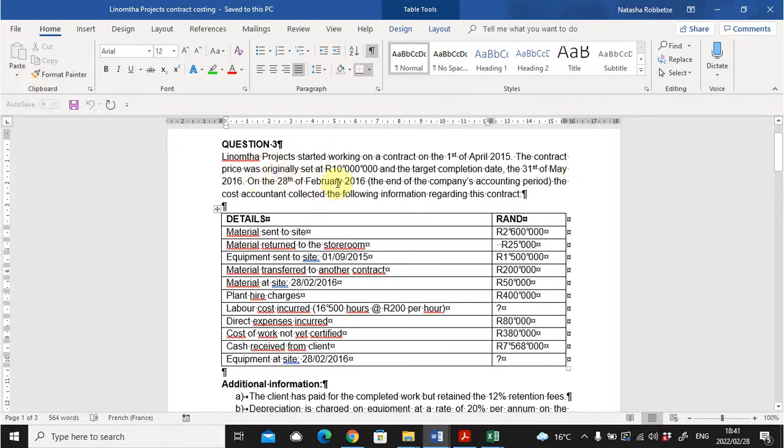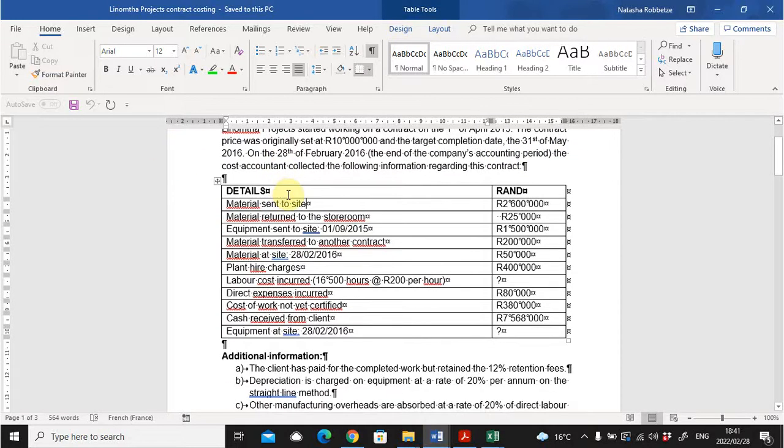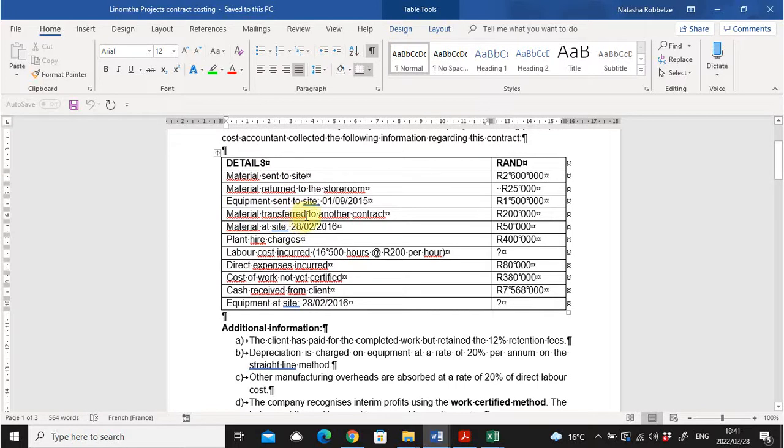On the 28th of February 2016, at the end of the company's financial year, the cost accountant collected the following information. In the table, you can see that they've given you materials sent to the site, materials returned to the storeroom, equipment sent to the site, materials transferred to another contract, materials on the site at the end of the year, plant hire costs, and some labor costs, where they say it was 16,500 hours at 200 Rand an hour.